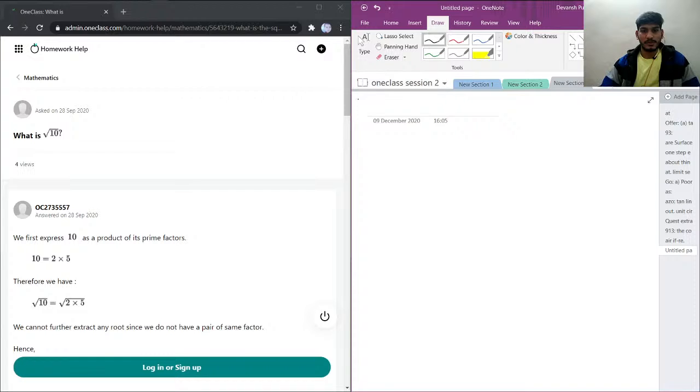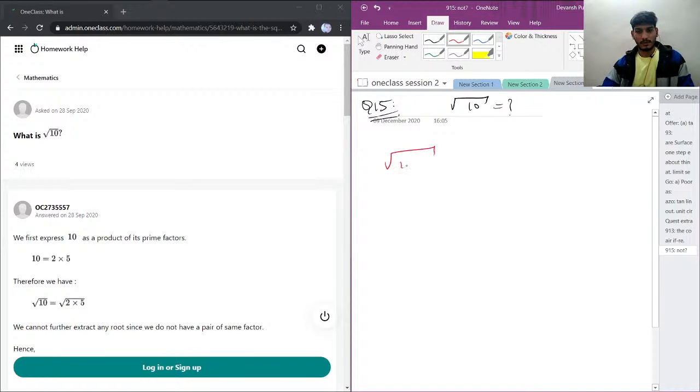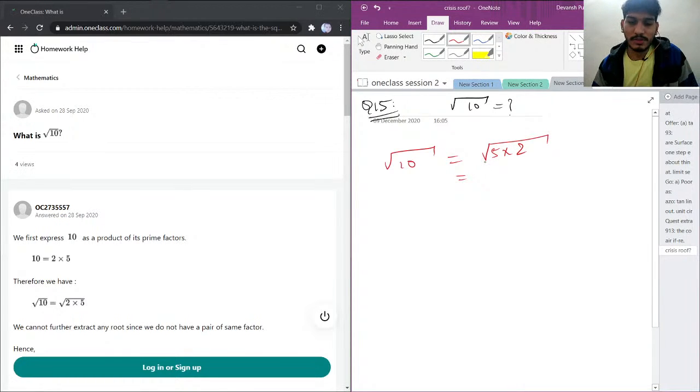I have question number 15. What is the square root of 10? So square root of 10, if I distribute it in prime factors, this will be 5 into 2, and 5 and 2 do not have pairs, so they cannot be further distributed.